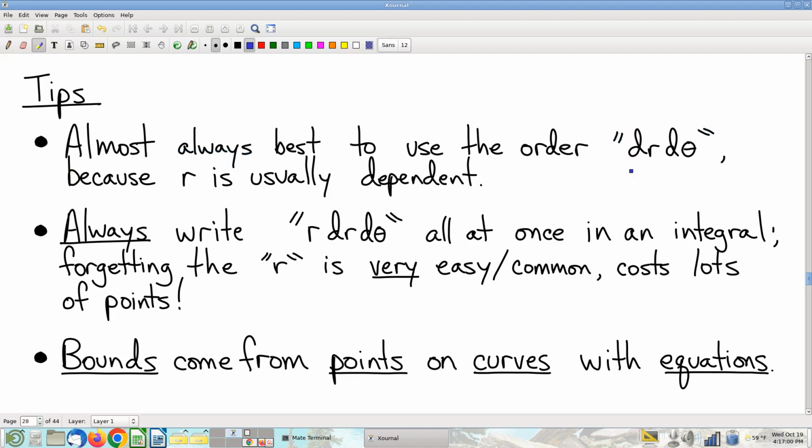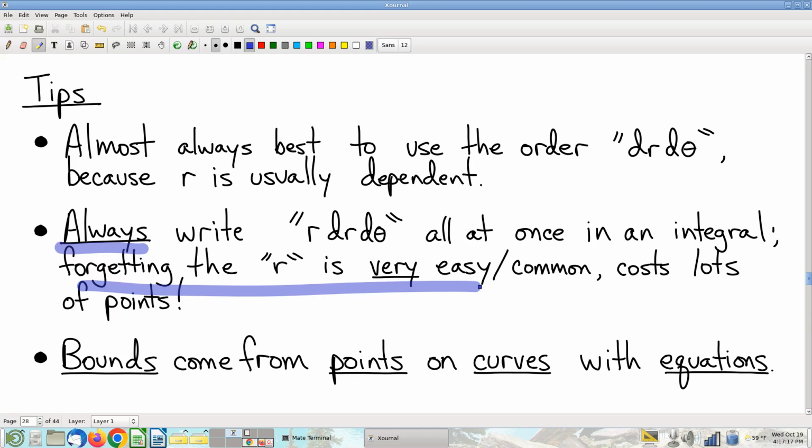Okay. Here's the other thing. I strongly advise that you always, when you're writing down your integral in polar coordinates, write that r in there at the same time that you write the dr d theta. Because if you don't, it's really easy to forget.